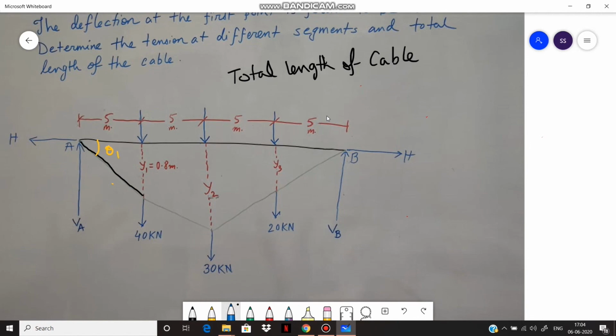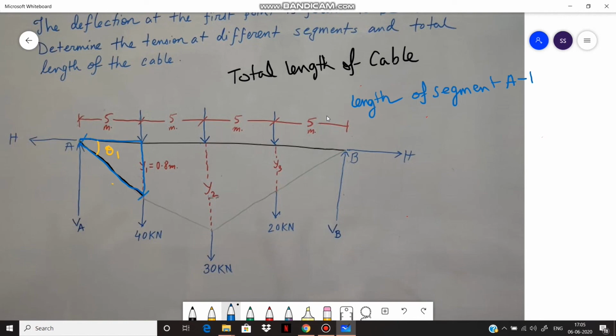So taking this triangle into calculation, we have the length of segment A1, that is this is A1 segment.